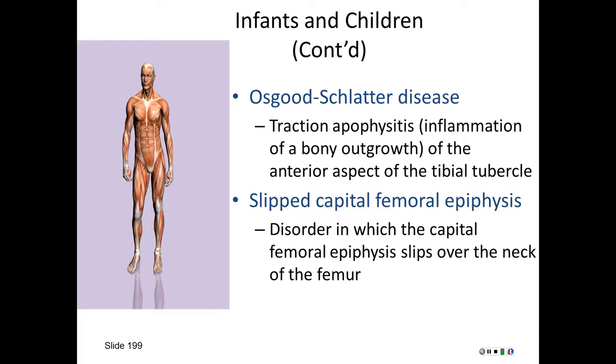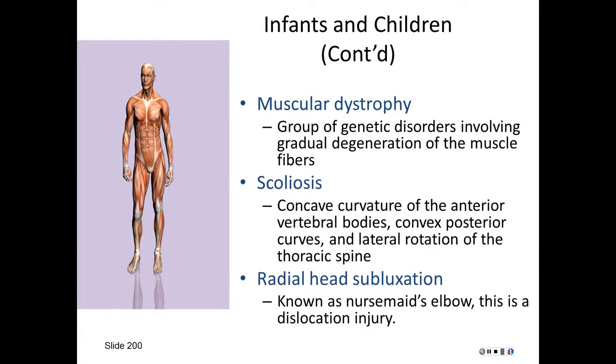You can have slipped capital femoral epiphysis, a disorder where the capital femoral epiphysis slips over the neck of the femur. And you see that whenever you do the Trendelenburg test. You can have muscular dystrophy, a group of genetic disorders with gradual deterioration of the muscle fibers. Scoliosis is a curvature of the vertebral bodies.